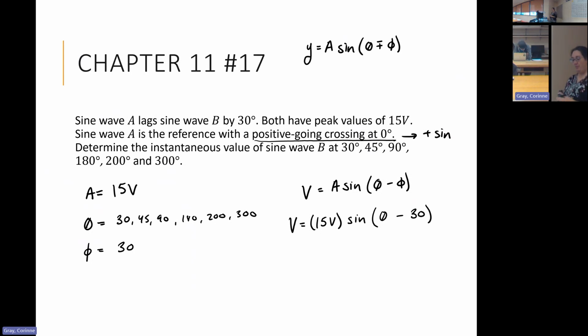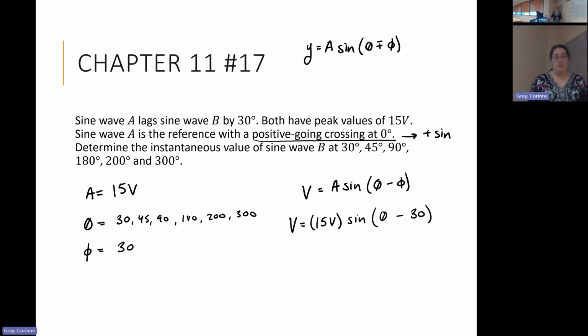Right, so we just have the fun privilege of going through and plugging in a bunch of numbers. We'll need to do theta of 30, 45, 90, 180, 200 and 300. All of our values are in degrees, which means we should be solving sine in what mode on our calculator? Degrees. Unless you really wanted to go through and convert them all.